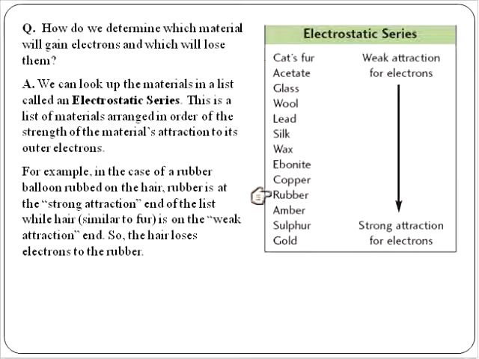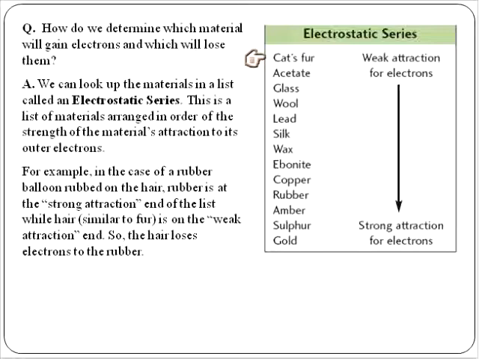So if you rub the rubber balloon on your hair, because rubber attracts its electrons more strongly, it's going to steal electrons from the hair or from the fur. So the rubber will end up negatively charged because it will have an excess of electrons. And because the hair or the fur loses electrons, it will become positively charged.